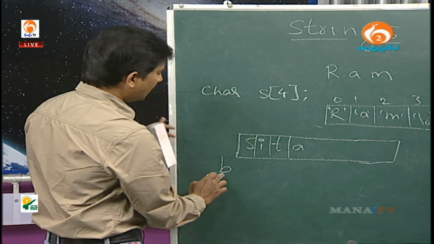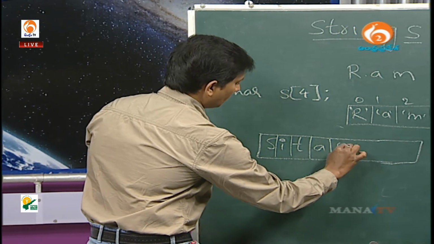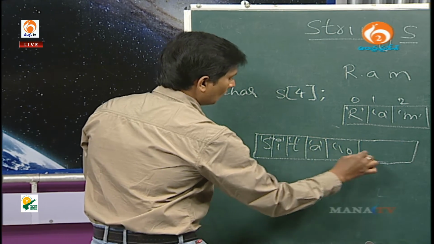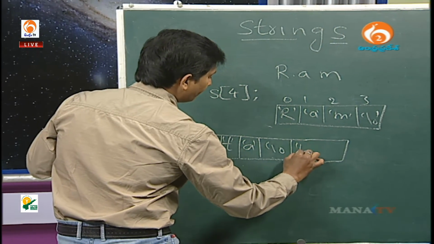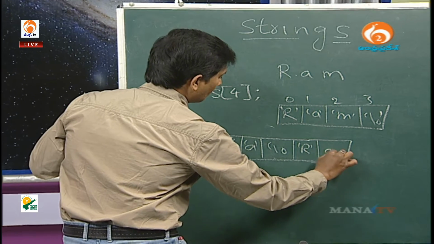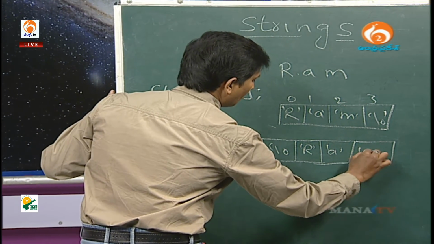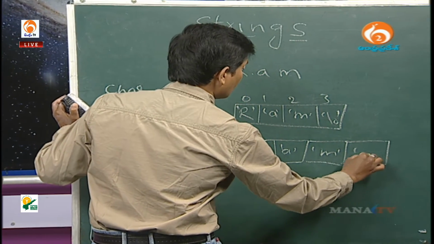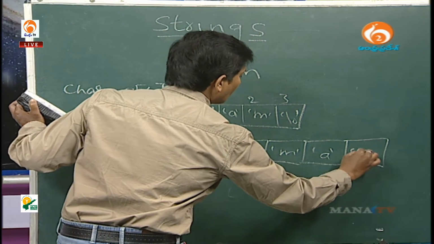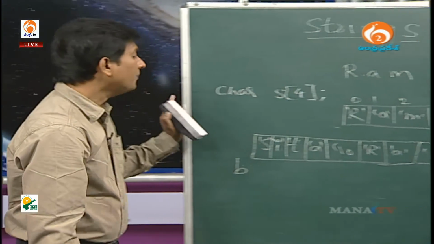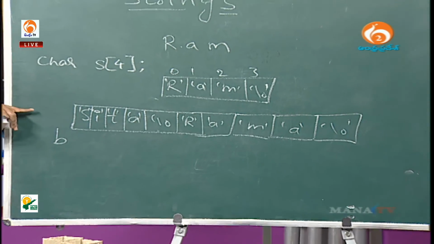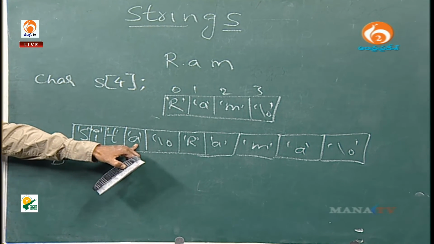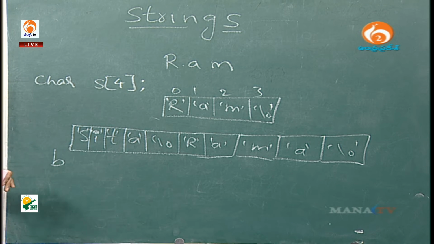Character array B. Here again I am writing. Now, if I want to display this character array, this string, we will get only Sita.